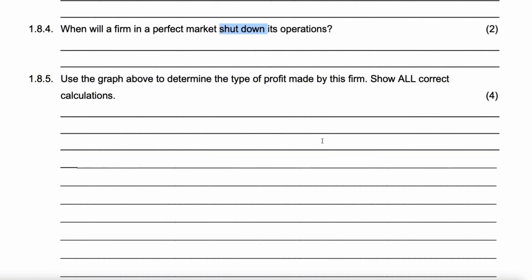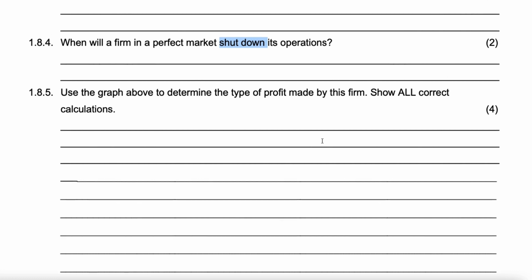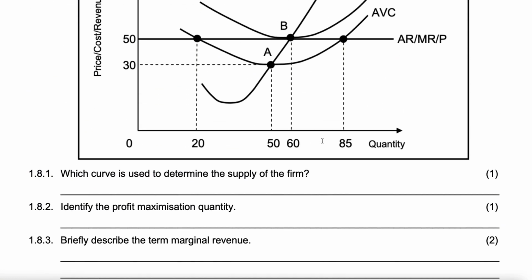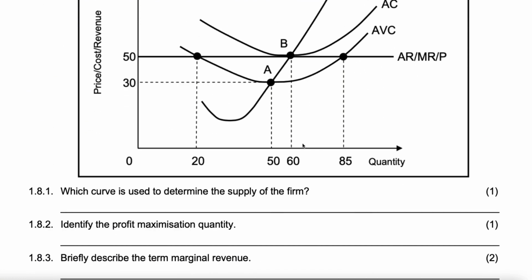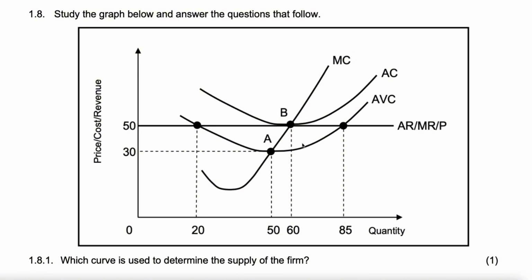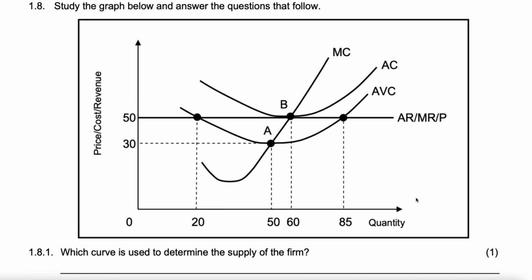Last but not least, use the graph above to determine the type of profit made by this firm, and they want you to show calculations. Well, this is the easiest thing you can ever do. This is the easiest 4 marks you can ever get. So you would say AR minus AC, which is 50 Rand minus 50 Rand, is equal to 0. 0 times 60 quantity is equal to 0.